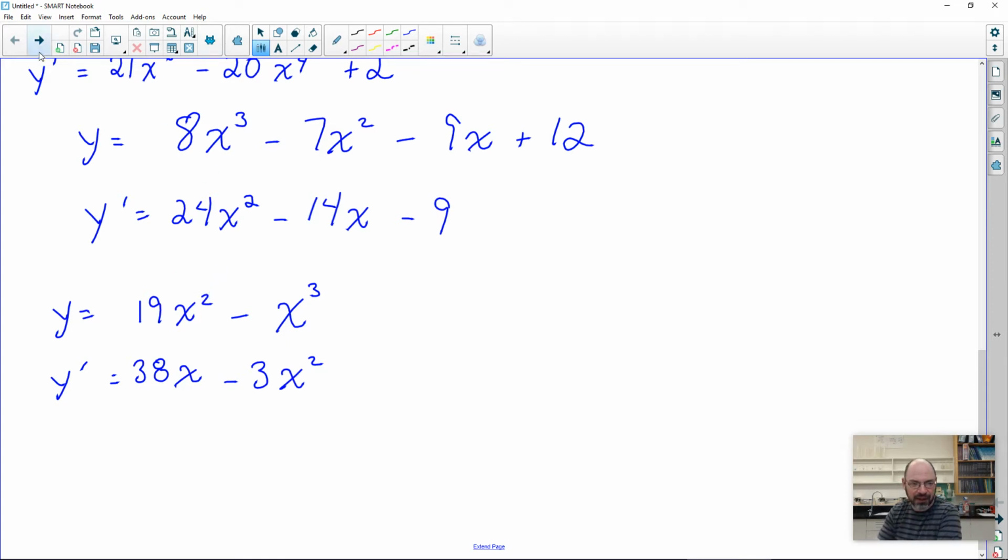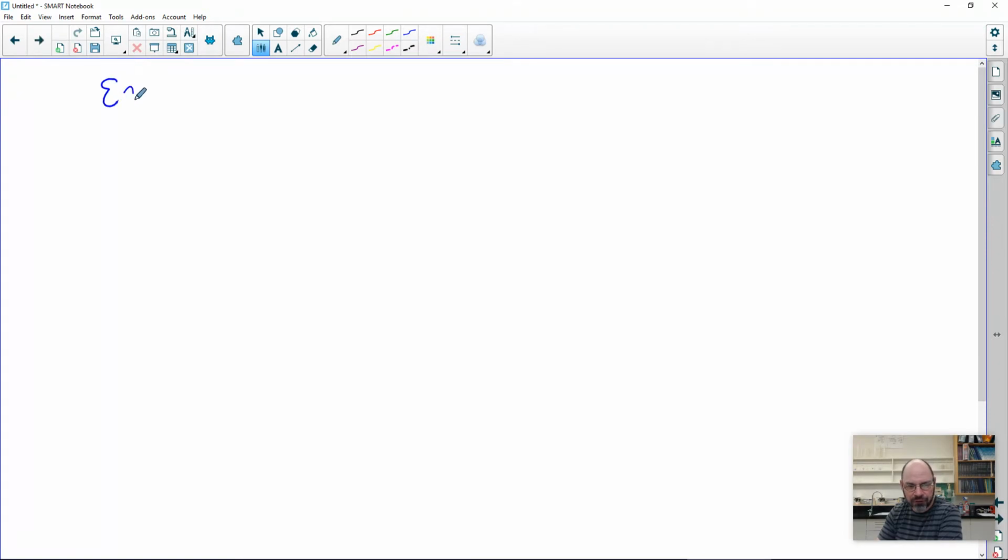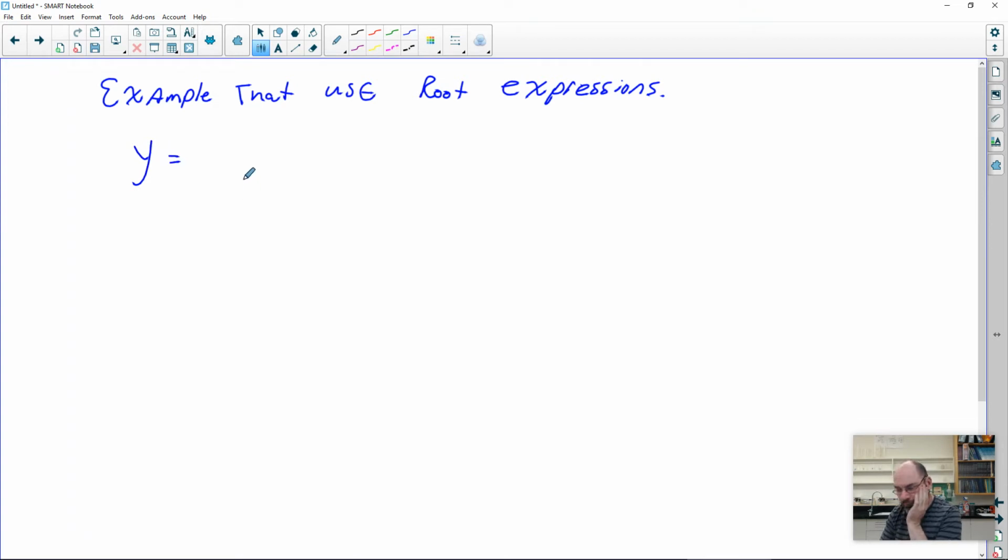So let's go into our second type of examples. These are examples that use root expressions, sometimes called radicals. Okay, so let's say we had, say, y equals the square root of x cubed, plus the cube root of x squared, let's say.